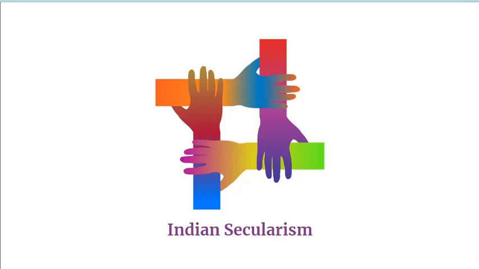While the state guarantees to everyone the right to profess or practice whatever religion one chooses to follow, which includes also the right to be an agnostic or an atheist, it will not accord preferential treatment to any of them.